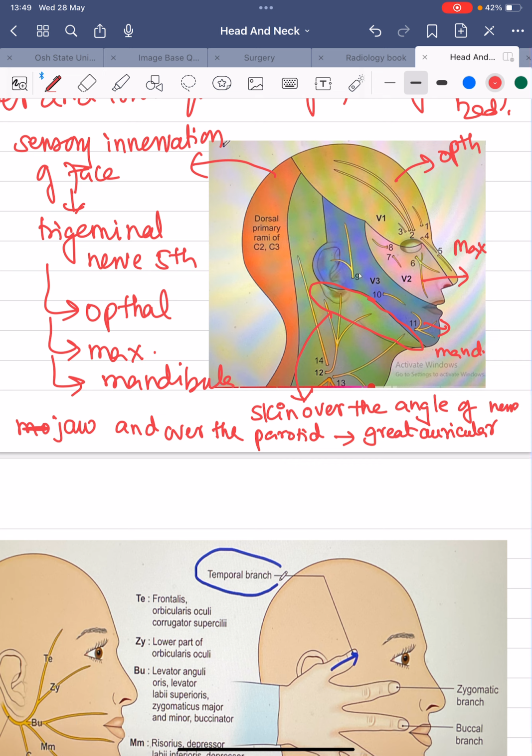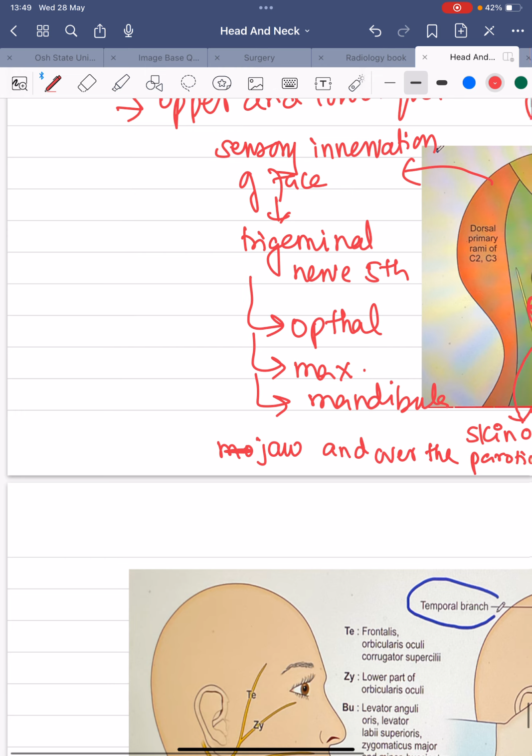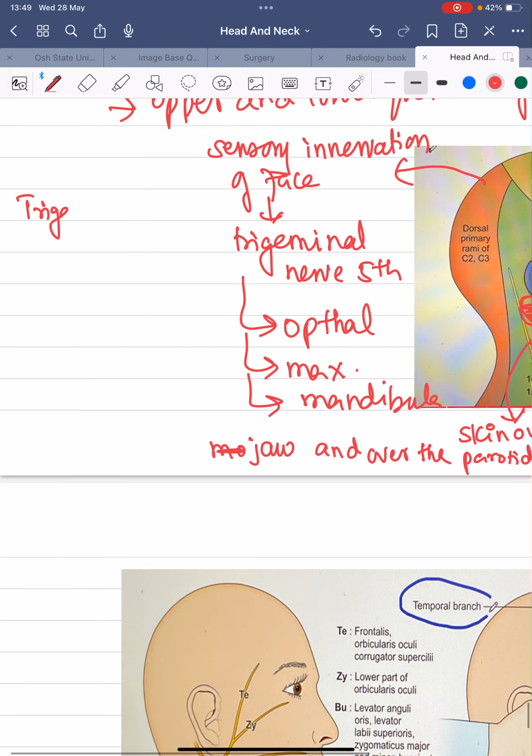Okay, so this whole area which I am highlighting in red color is innervated not by the trigeminal nerve, but by the great auricular nerve. Now a patient can come to you with trigeminal neuralgia. So what is trigeminal neuralgia?